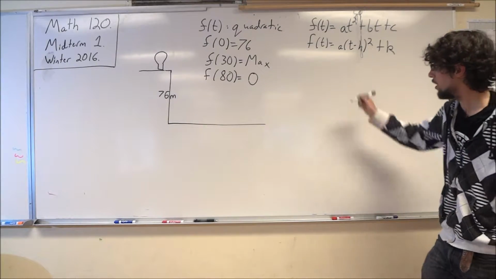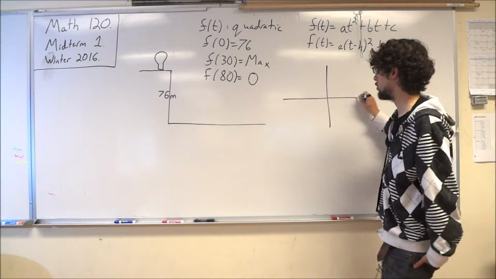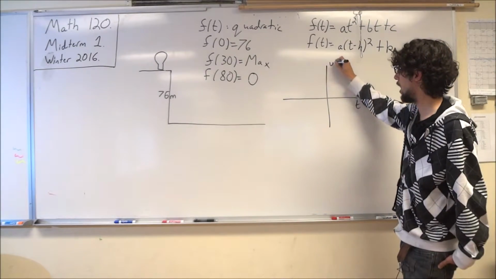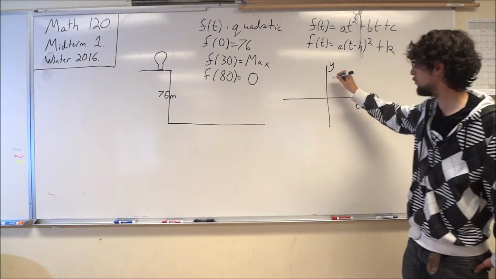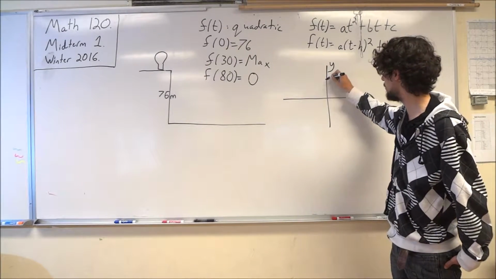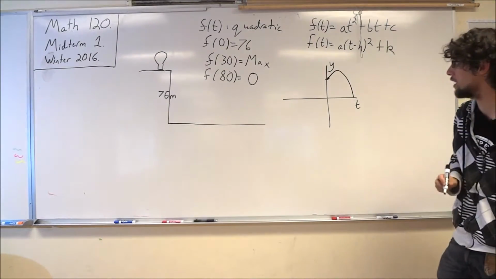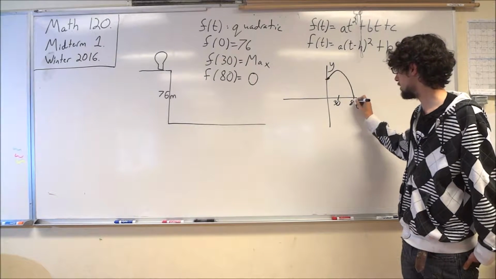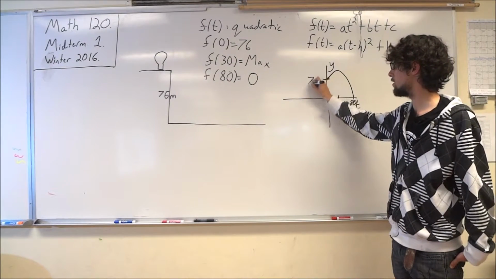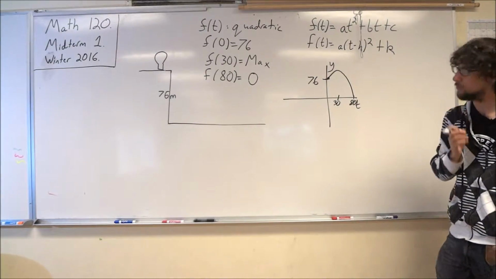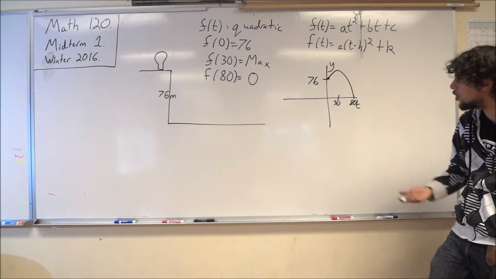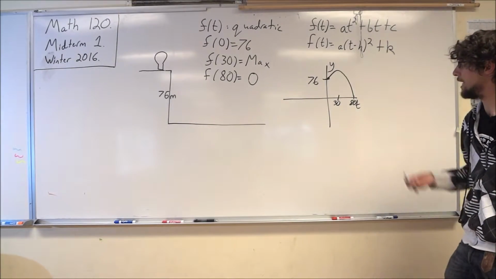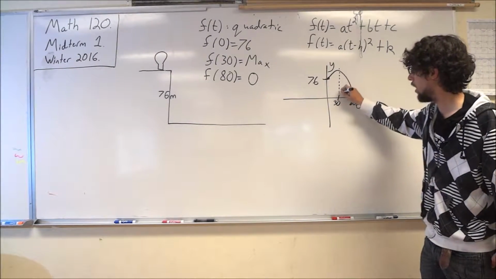How? Well, let's see what we're looking at here if we actually think about graphing this quadratic. We'd be graphing t versus y. Our graph, based on the data we have, would look something like this, where this is 30, this is 80, and this is 76. Notice that parabolas are symmetrical. In particular, I can draw a line here.